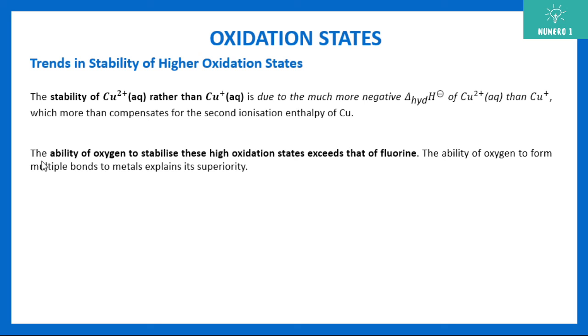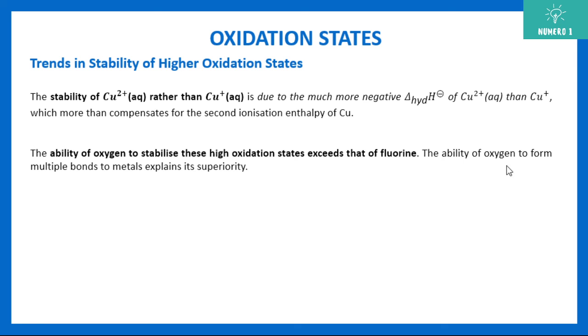Okay. Also, the ability of oxygen to stabilize high oxidation state exceeds that of fluorine. Note that fluorine is the most electronegative element, but yet it is not able to stabilize. Okay, so oxygen is having, let's say, higher power, or higher authority as compared to fluorine.